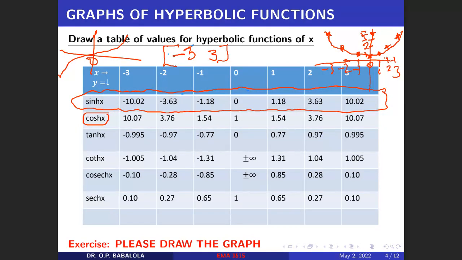Then you do for tanh, tanh also extends to the negative side, and you do for coth, it extends to the negative side, and for cosech, it also extends to the negative side, and for sech, it does not extend to the negative side. All right, please do that as a practice on your own.